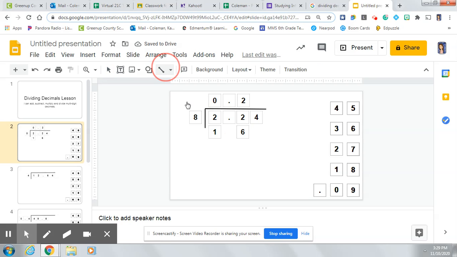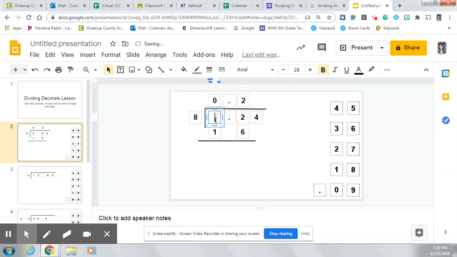Then we are going to subtract. So I'm going to put a little subtraction line in here. I'm going to make that a little darker. Okay, and then I'm going to subtract. 2 minus 6, I can't do that. So what I have to do is I have to borrow from this 2 and make that a 1.